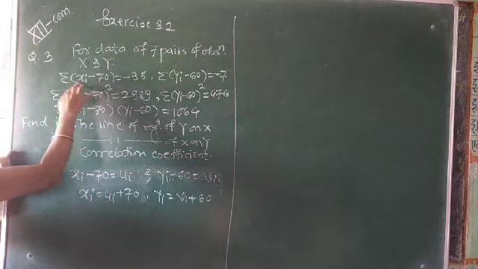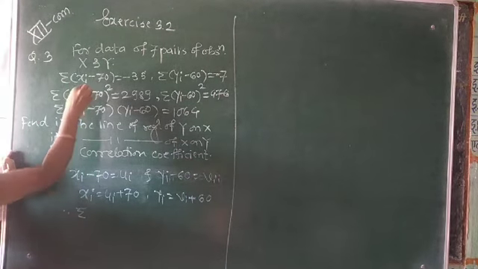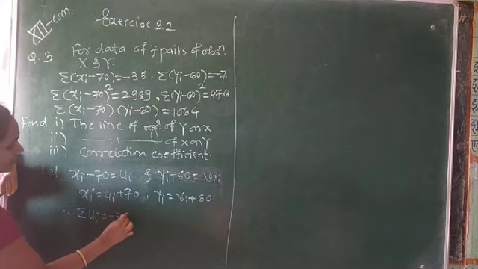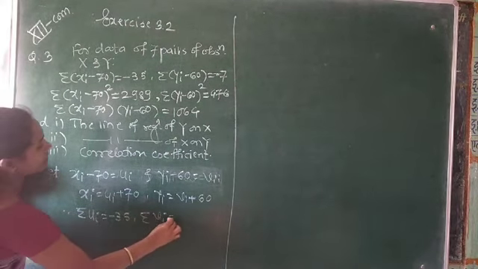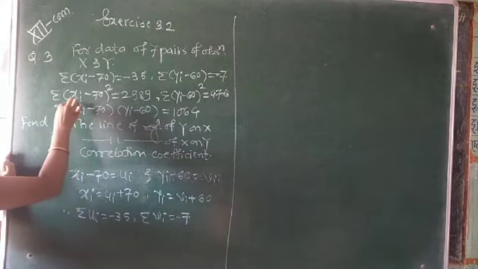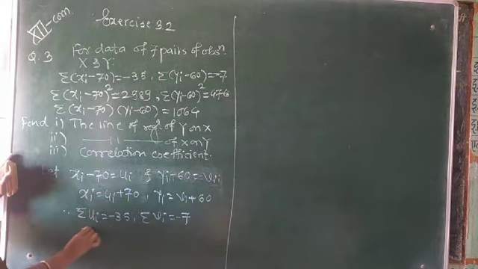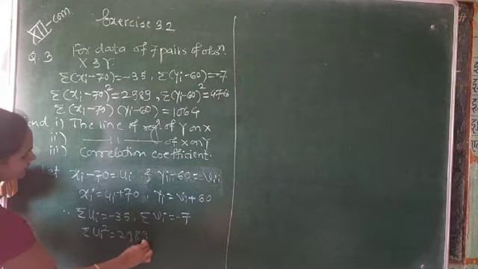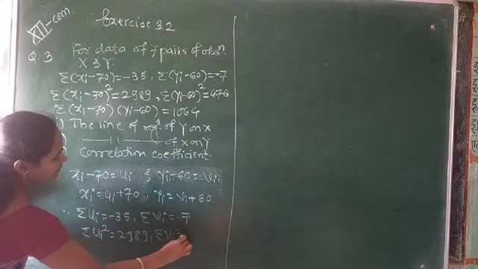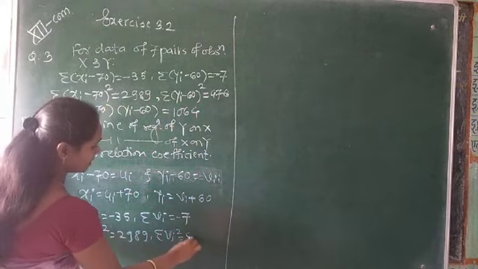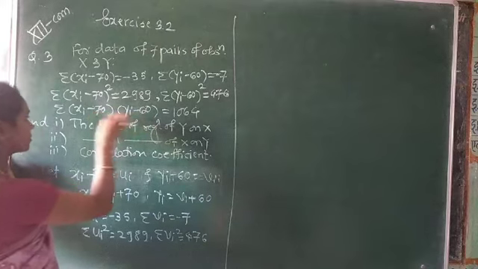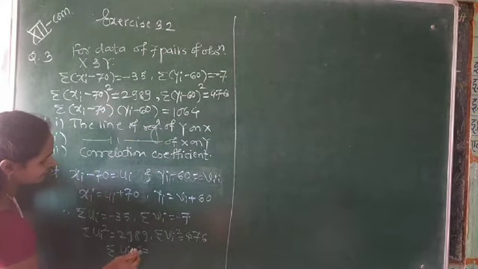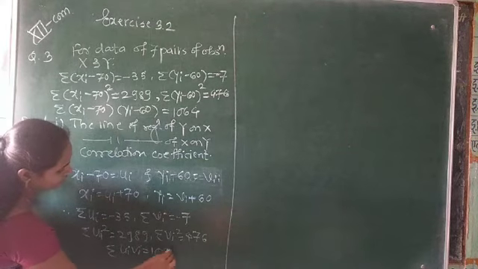Since here we consider u instead, summation ui is equal to minus 35, summation vi is equal to minus 7, summation ui square is equal to 2989, summation vi square is 476, and summation ui vi is equal to 1064.